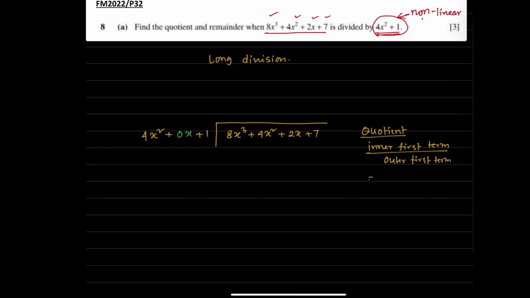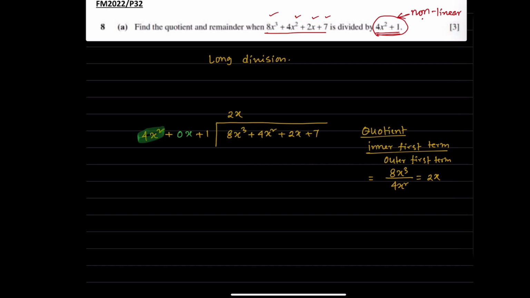Our inner first term is 8x cube and the outer first term is 4x squared. So we can write 8x cube by 4x squared, that is 2x. So that is our first quotient. We need to write it here. We can write 2x on top.